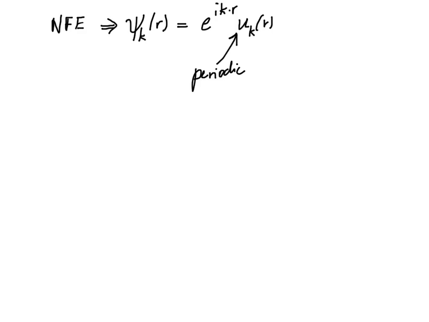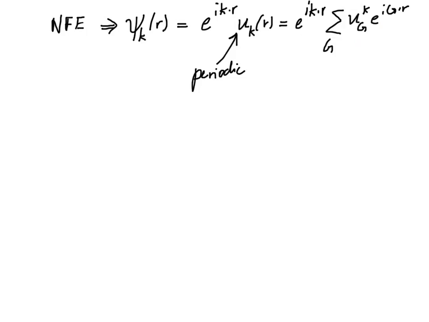So if our u_k(r) is a periodic function, it can be expanded as a Fourier series, where the G's are of course our reciprocal lattice vectors, and the u_Gk quantities are our Fourier coefficients, right?